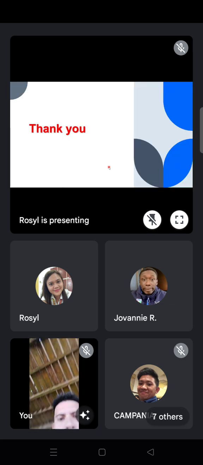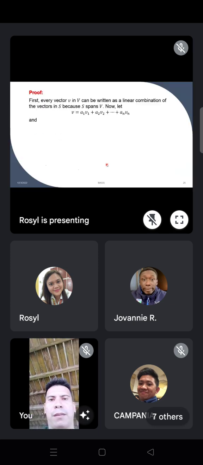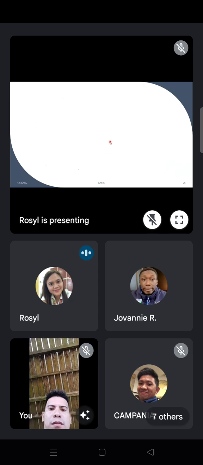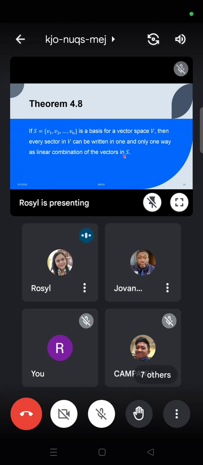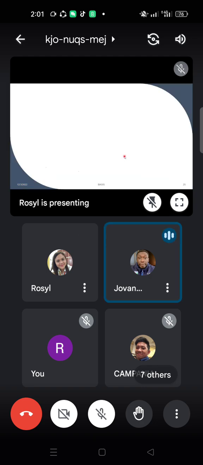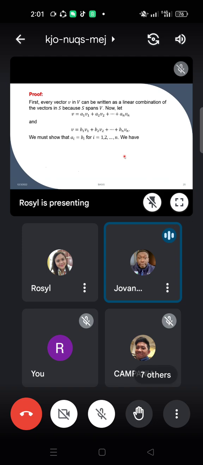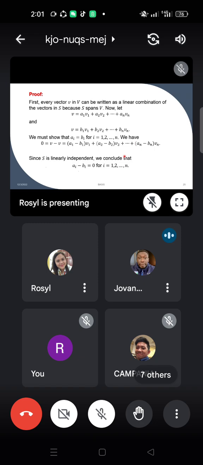Okay, so we have proved that there is only one representation of a vector in S. If you create another linear combination, it is the same as the original, because Ai is equal to Bi. Right?